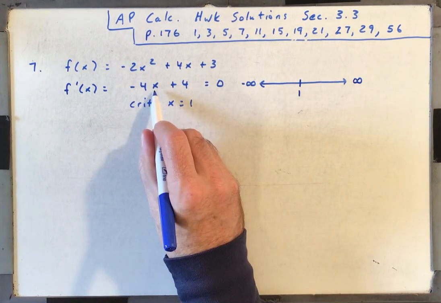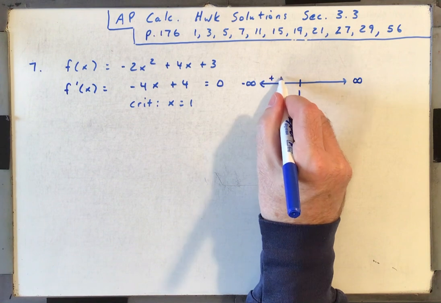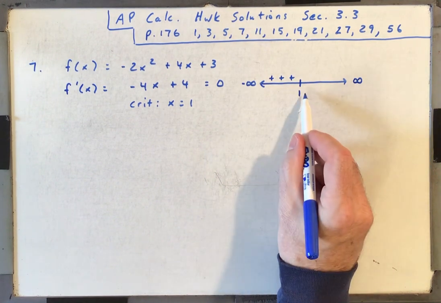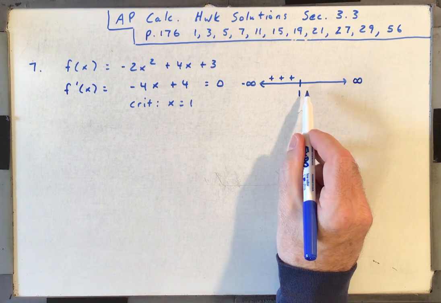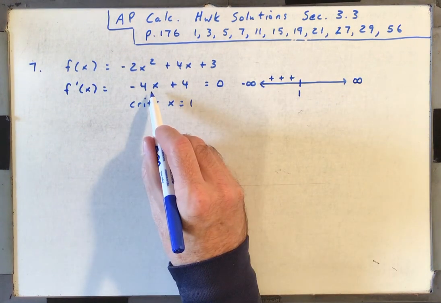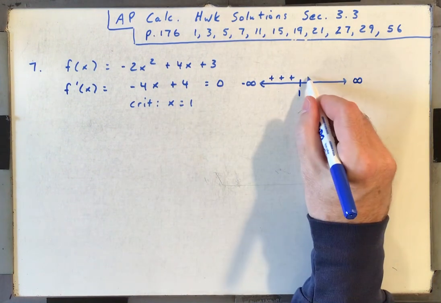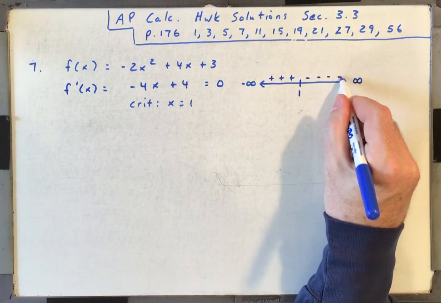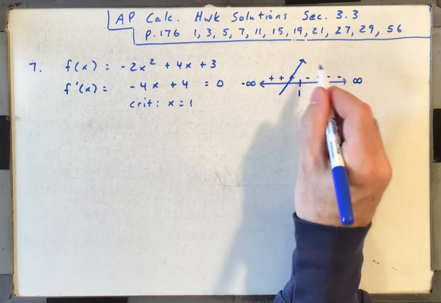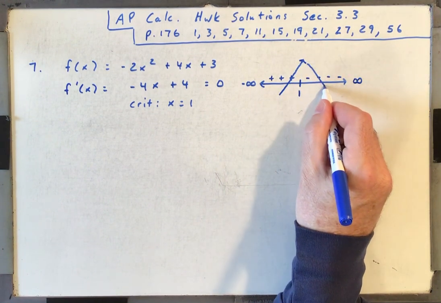So plug 0 in, and you'd have a positive 4. So it's positive. To the right of 1, I'm going to pick, let's say, 2. That'd be negative 8 plus 4, that'd be negative. So we are increasing until we get to 1, and then decreasing after that.